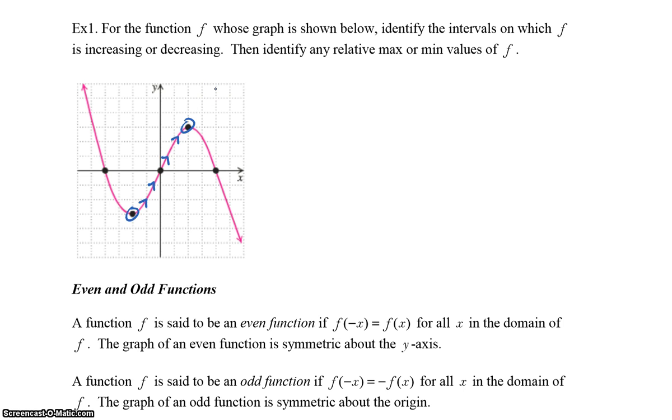Now to describe the interval on which the function is increasing, we want to note the x-coordinates of those points. And we'll assume that each grid mark represents one unit. So this would be 1 here, this would be 1 here. So it appears that we're looking between -2 and +2 on the x-axis.